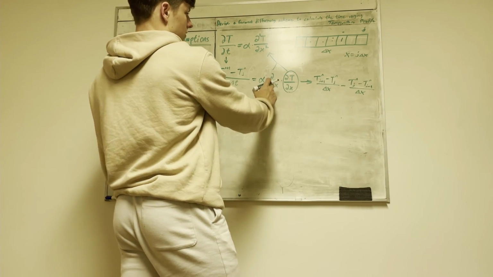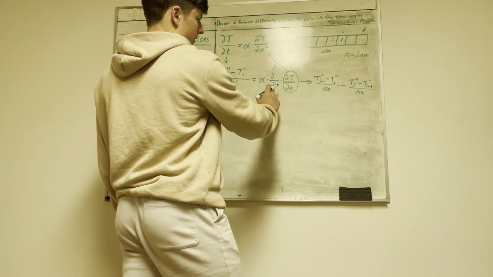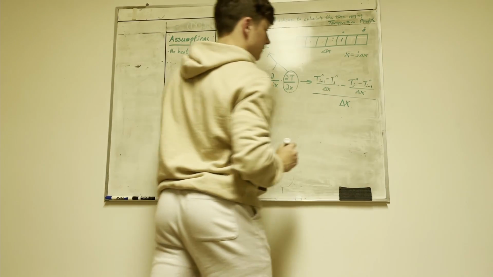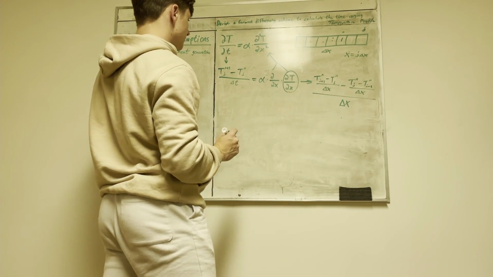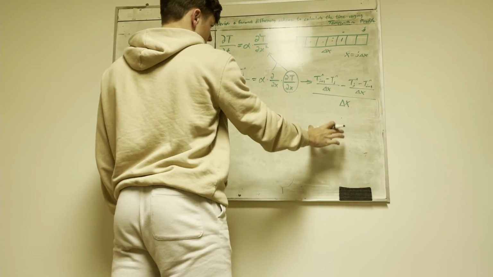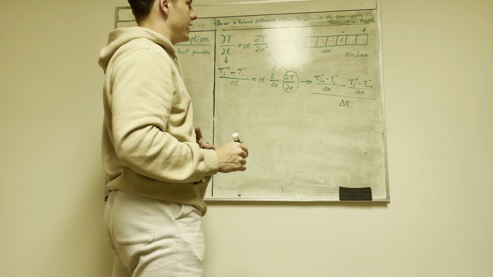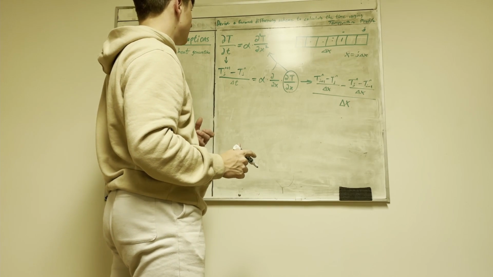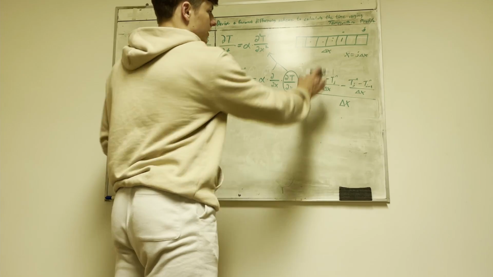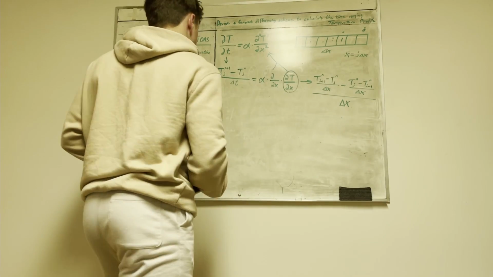And so then you take the second derivative for that, so this whole thing will be divided by your delta x. If you plug this in, the alpha, and then this, we can simplify and have a formula that can calculate the temperature profile along this bar that we specified.